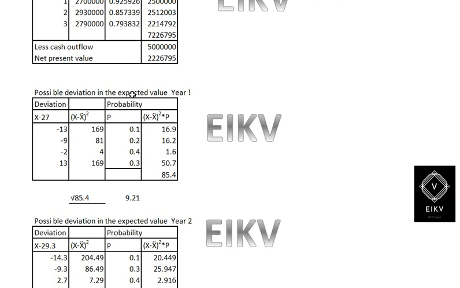Now the possible deviation in expected value. For the first year, the expected value will be 27 lakh, minus the x factors.